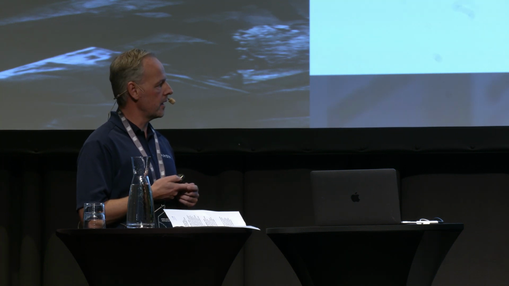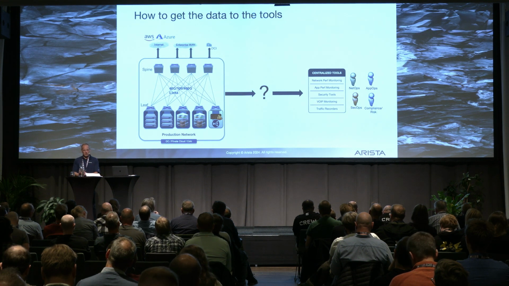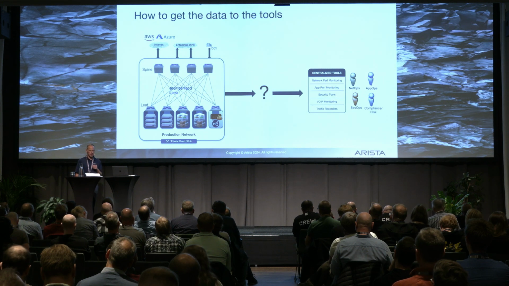Back to the elephant. I talked about built-in features, the features that are built into the switches. Now we'll talk about a monitoring fabric. How can we get the network packet data?